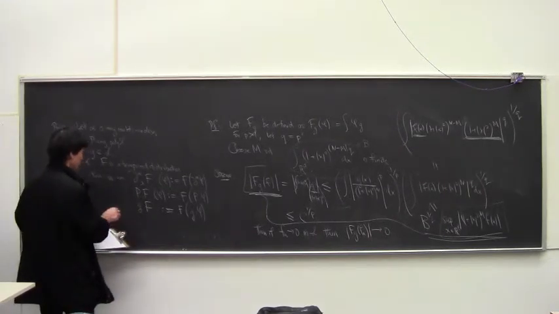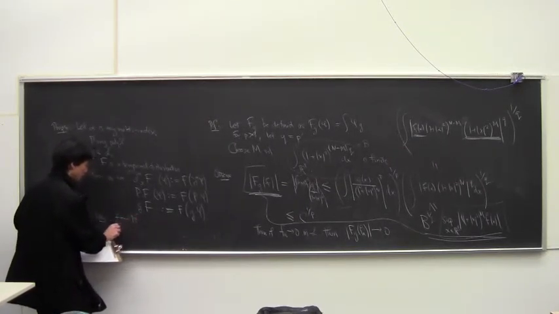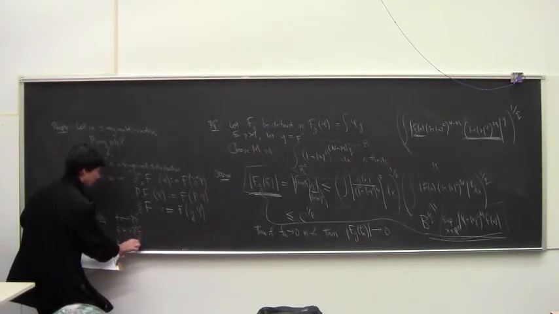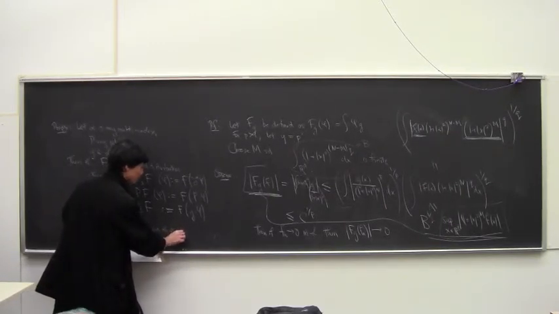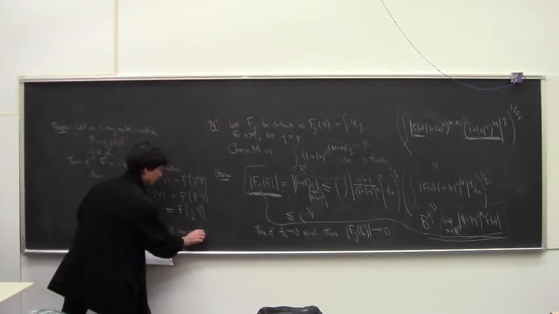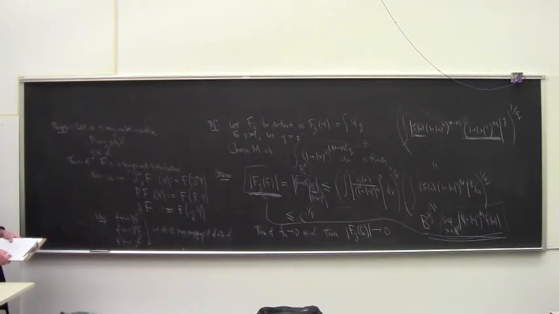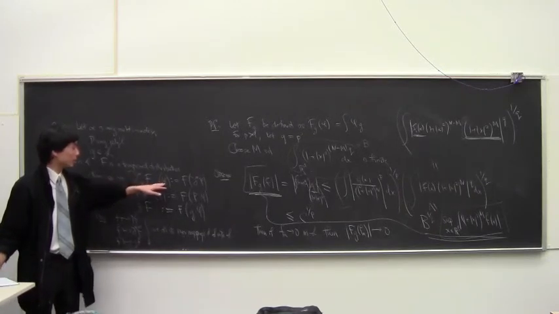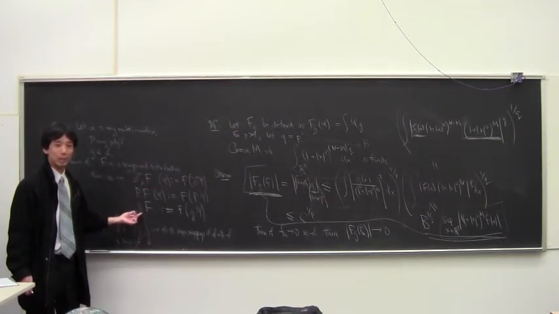All these guys are still temperate distributions. And the reason why is that all of these maps are all continuous linear maps of S into S. If you have convergence of the phi sub n to something, well then the p times phi sub n are still going to converge to p times phi.